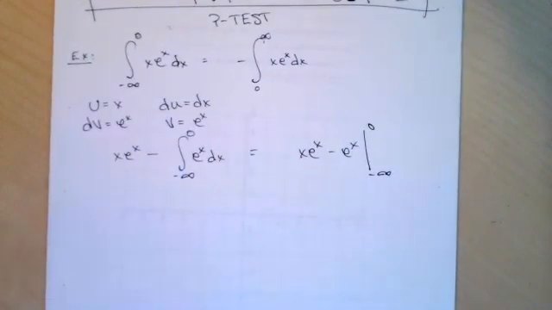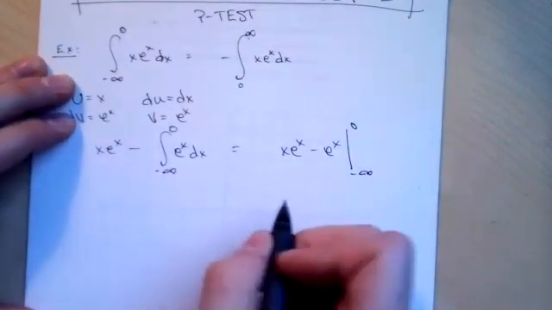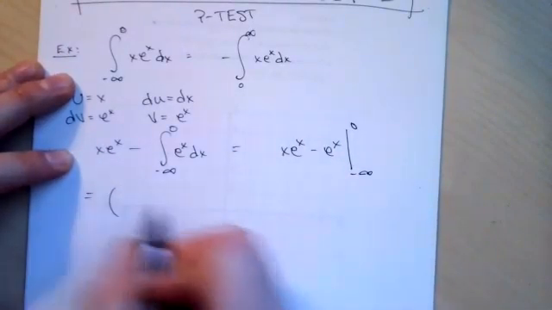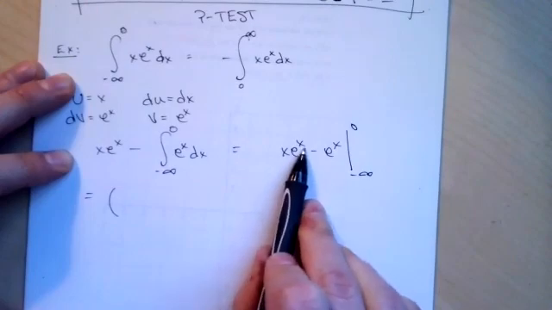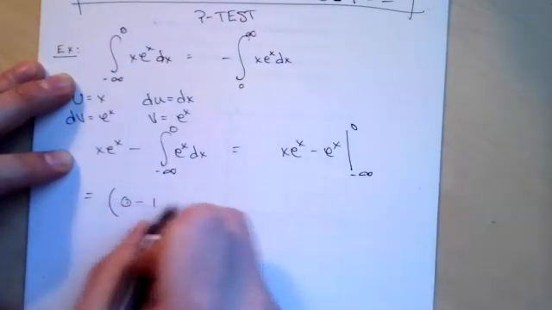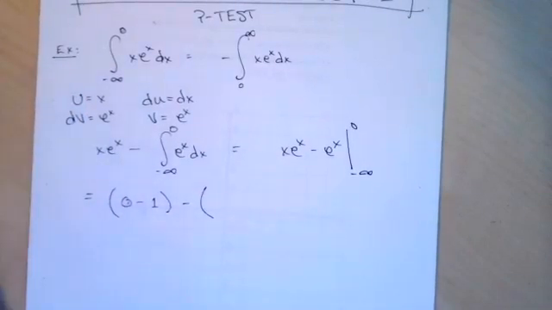Now we need to evaluate from minus infinity to 0. And nicely enough, what's going to happen when we plug in 0? We get 0 times e to the 0 is 0, minus 1, minus, and now what's going to happen when we plug in negative infinity?